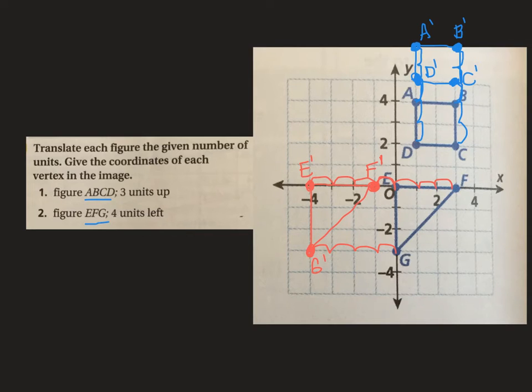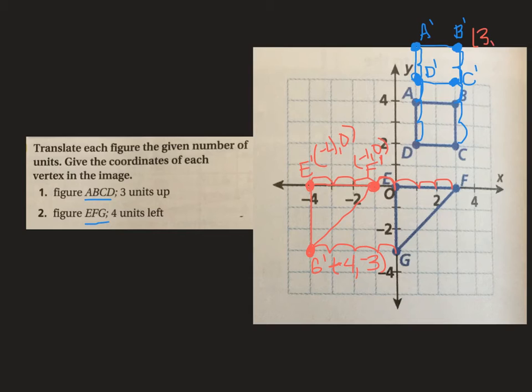Give the coordinates. So this would be -4, 0. This would be -1, 0. This would be -4, -3. Okay. If I did these ones up here, it'd be 1, 2, 3, up 1, 2, 3, 4, 5, 6, 7.